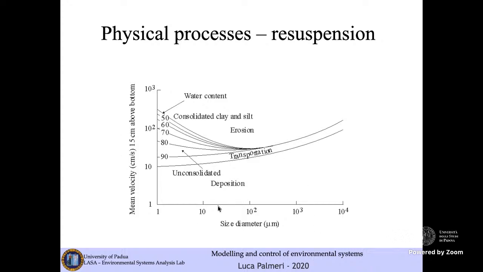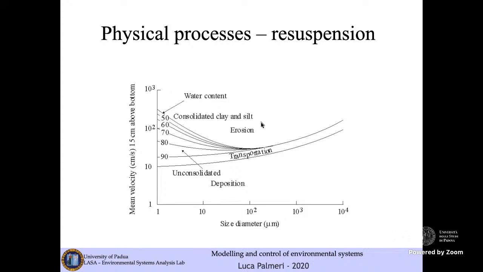And according to the different conditions of the sediment, in terms of granulometry or size or diameter of the particles, and in terms of water content, or if you want, of the degree of consolidation of the system. So for example, we may say that for consolidated clay and silt, you will have immediate erosion for particles whose size is larger than 10 microns.